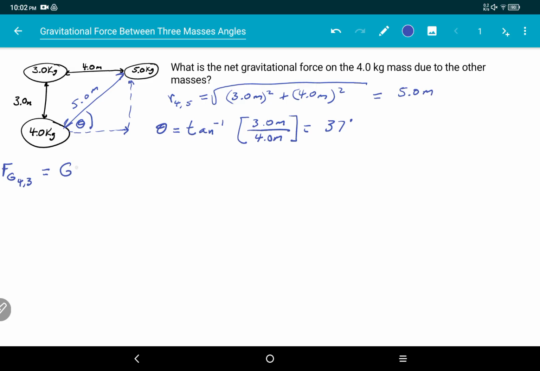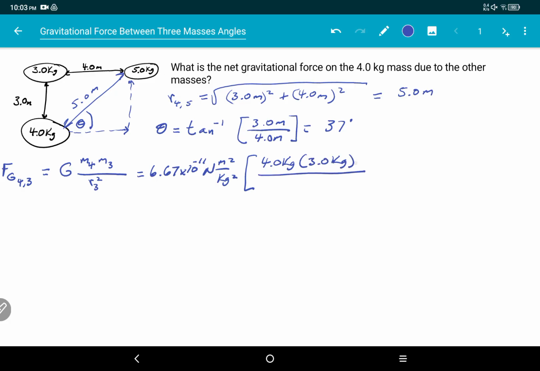It's going to be G M4 M3 over r3 squared. So let's put some values in: 6.67 times 10 to the negative 11 newton meter squared per kilogram squared, times 4.0 kilograms times 3.0 kilograms, all over 3.0 meters squared.